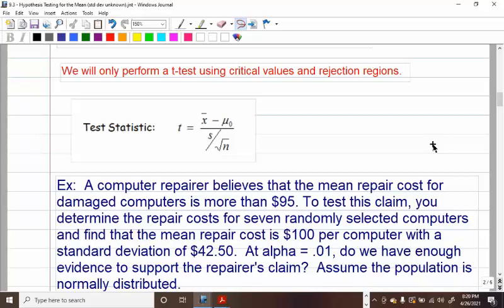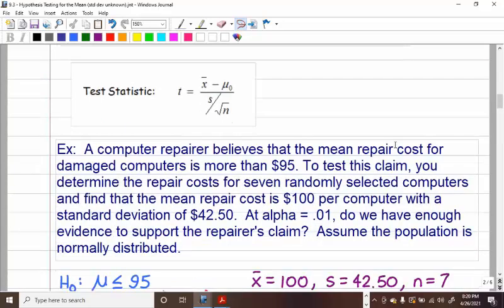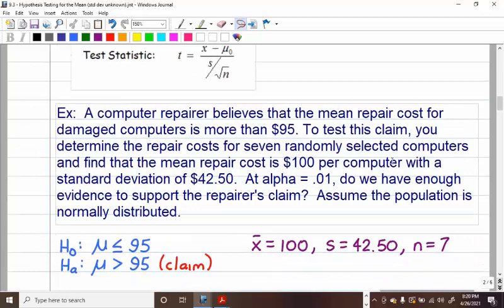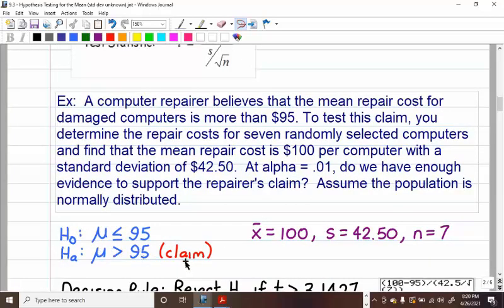All right, a computer repair shop believes the mean repair cost is more than $95. More than is pretty straightforward. I don't want to try to trick you on the wording there. More than is more than. That's the claim. And then it would automatically pair up with less than or equal to.